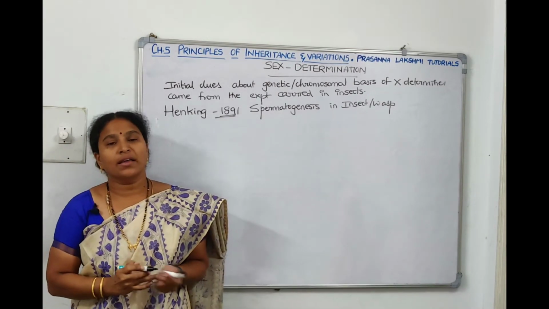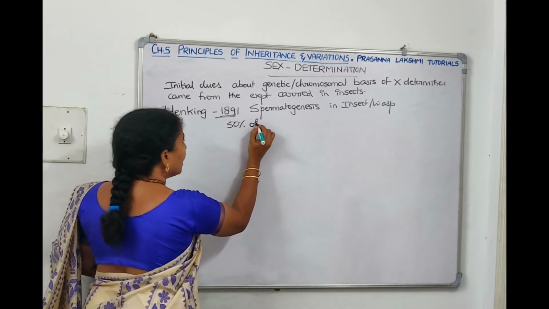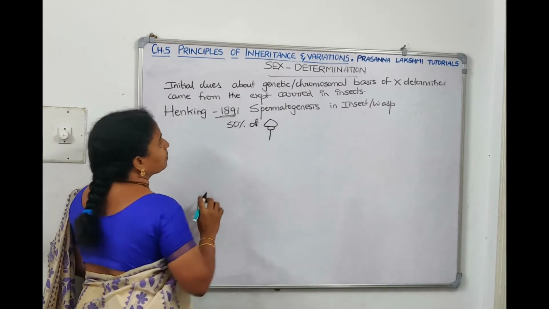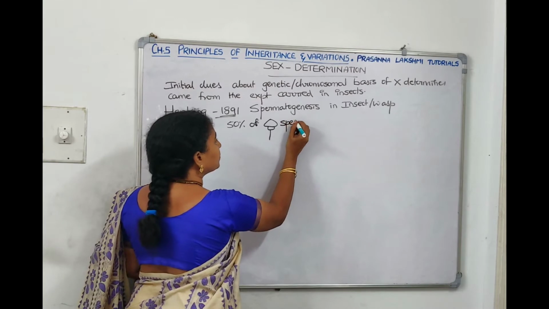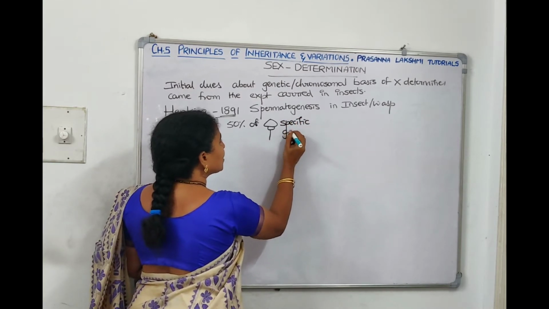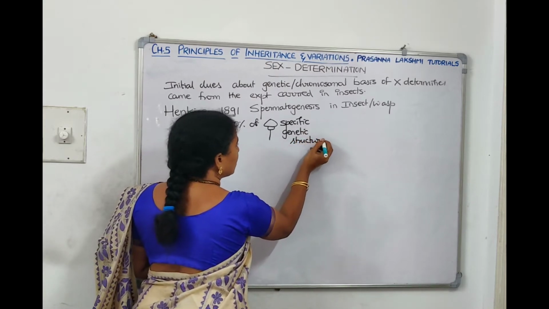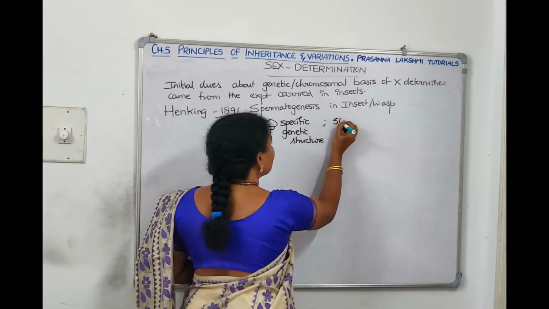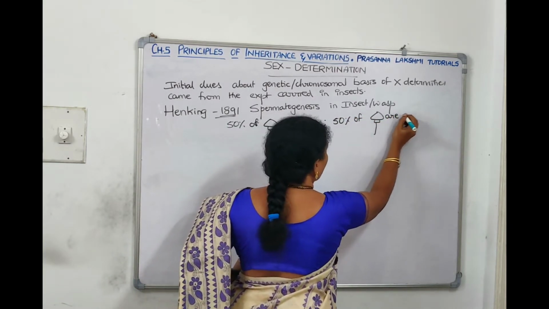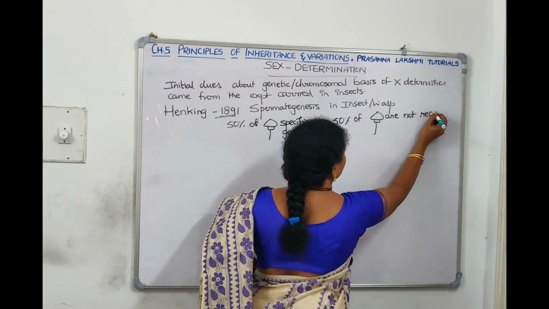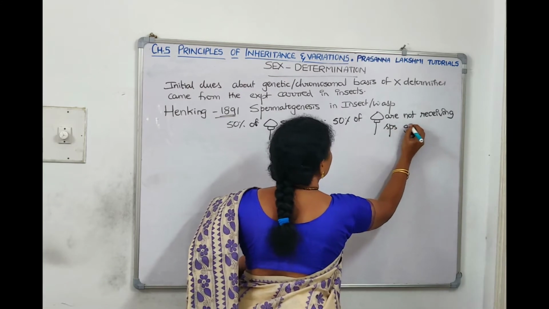Now what he saw is that 50% of the sperms were receiving a specific genetic structure during spermatogenesis, while the remaining 50% of sperms were not receiving this specific genetic structure.